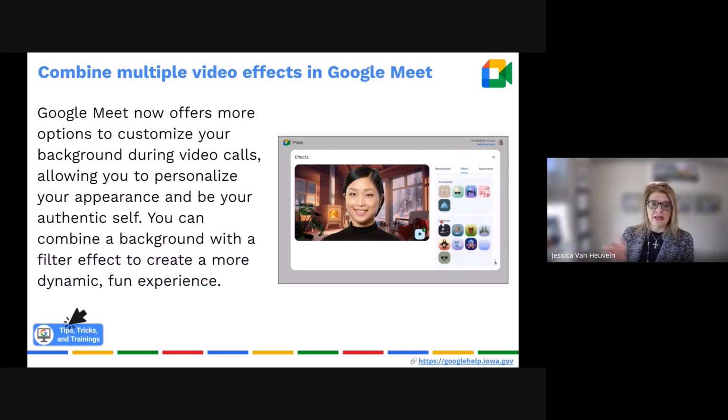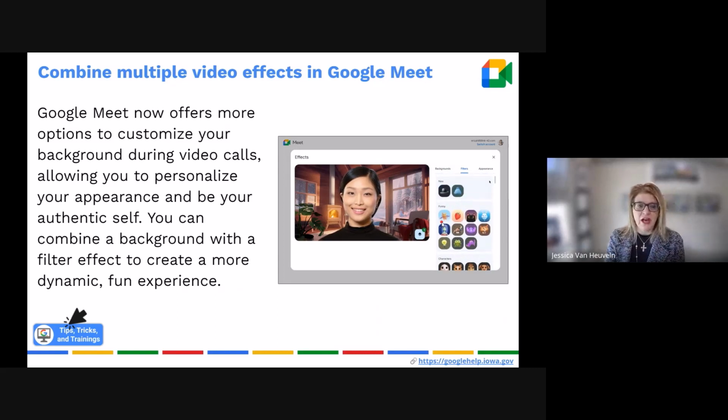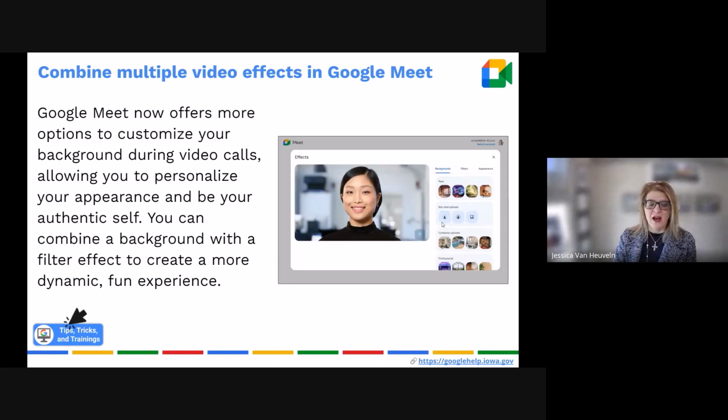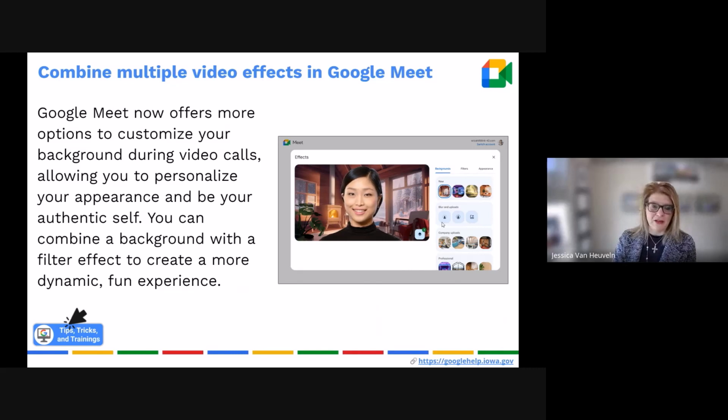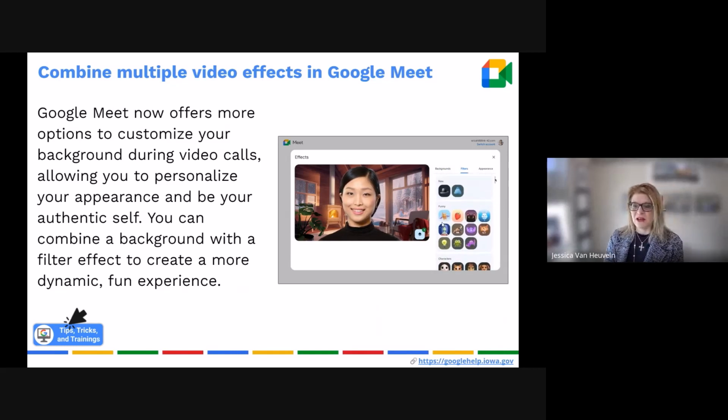So you can layer them on top of each other. So you can really get your own dynamic, authentic self and express yourself for that day. Some days I see people are just not as happy, and some people are really joyful with their background. So it's a way to express how you feel and bring that environment to the workspace as well. So again, multiple video effects in Google Meet.